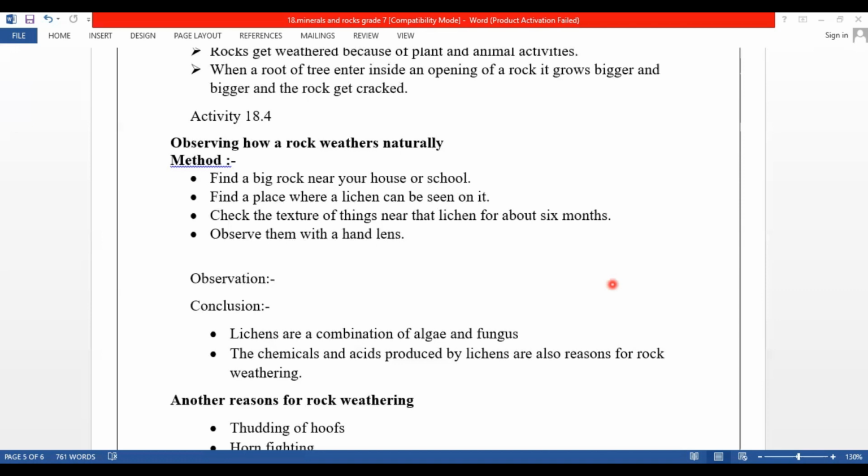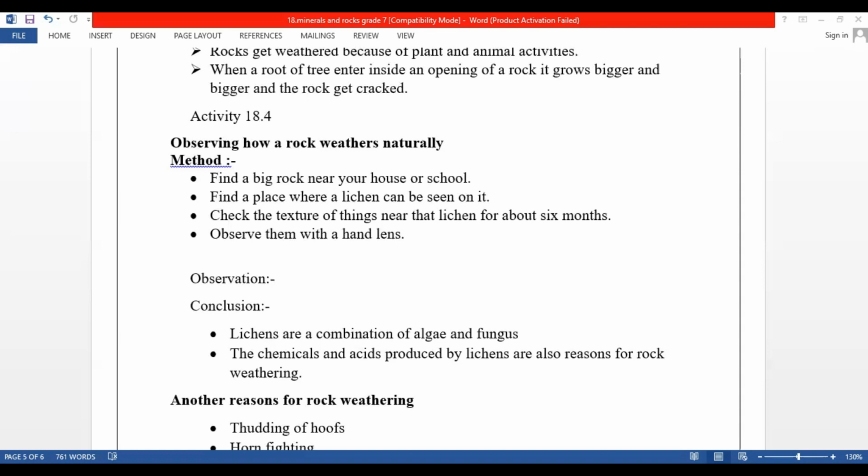They help each other, and also the algae provide food for the fungi. That's why they live together. We call it a lichen, and they are biological things. Microorganisms are also biological matter. So this is a type of rock weathering, biological rock weathering.